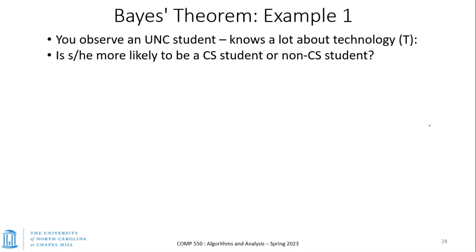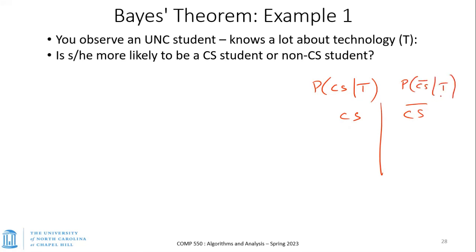So first of all, your intuition. How many people think that they are more likely to be a CS student versus a non-CS student? This is what we're basically saying. What is the probability that the person is a CS student, given that he or she knows a lot about technology, versus the probability that they are not a CS student, given that they know a lot about technology?